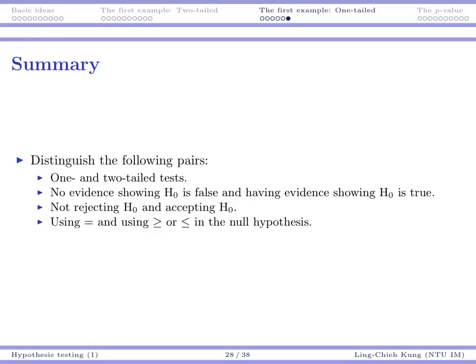And finally, using the equality in the null hypothesis versus using inequalities there. Some people like to do the latter, but I would suggest you just stick with the equal sign. Always use a pure equality. That would make things easier.